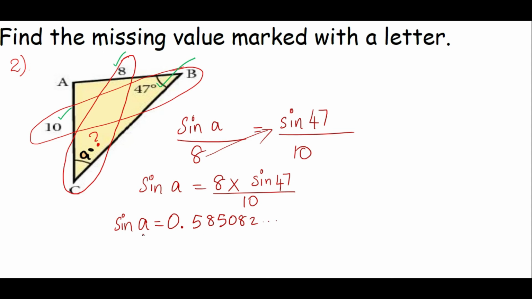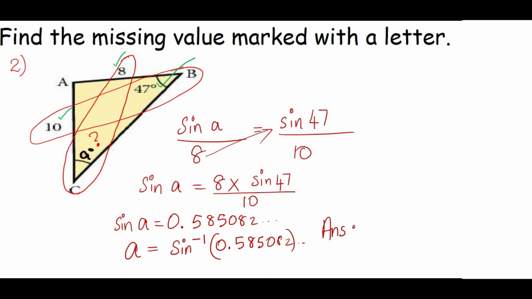To find an angle, we know sine of the angle A is given as this, so A is going to be equal to sine inverse of the value that you have, 0.585082, from your calculator. So the final answer is 35.8 degrees.